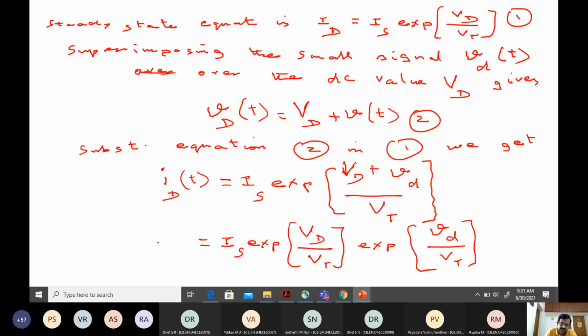Now you look at this quantity here. This is I capital D. So the symbols have to be spot on, otherwise we'll mess up. Okay, so this is the total current expression.